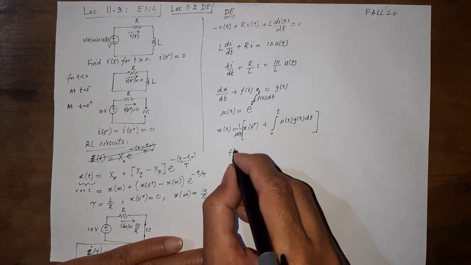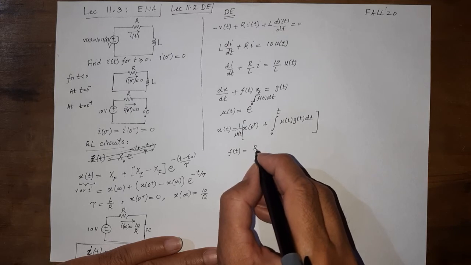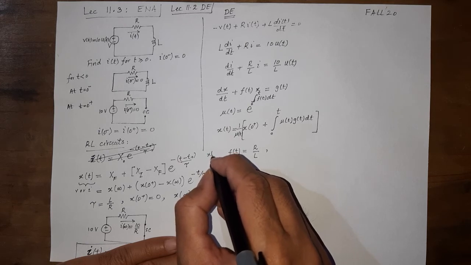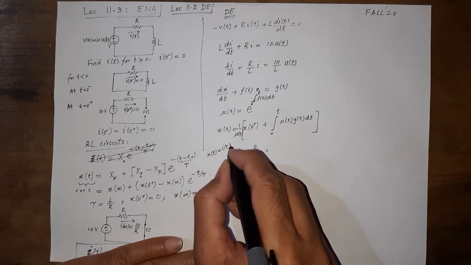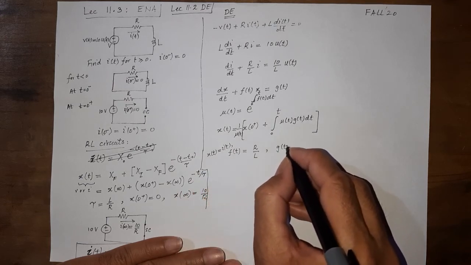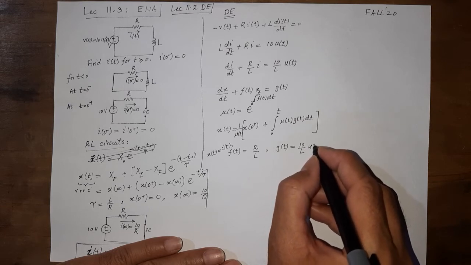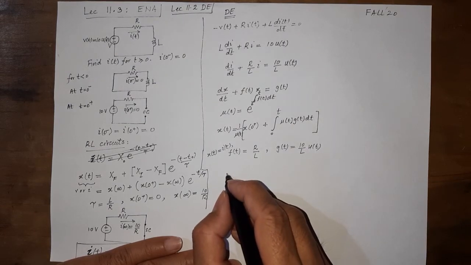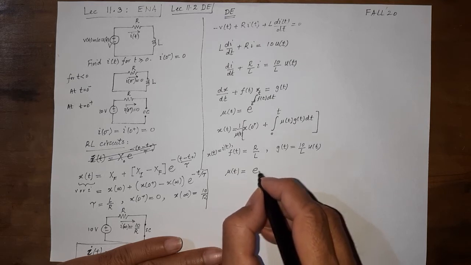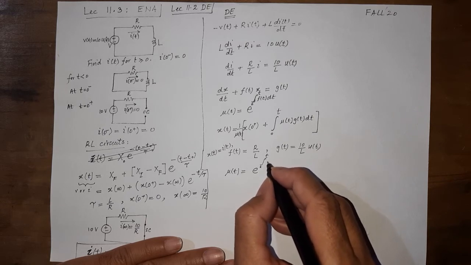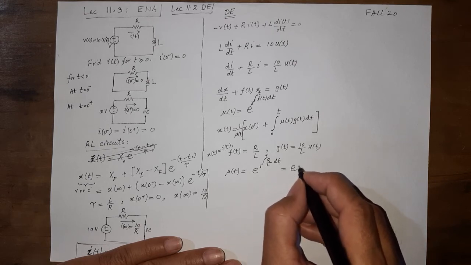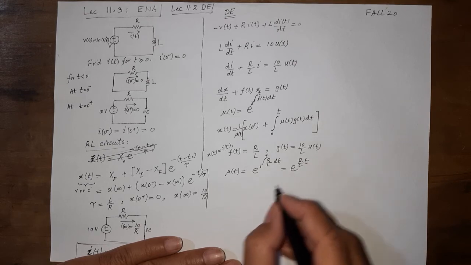So here f of t is r over L, x of t is actually i of t, and g of t is 10 over L u(t). So we get mu of t as e raised to the power integral f of t, which is r over L, dt, which is equal to e raised to the power r over L t.